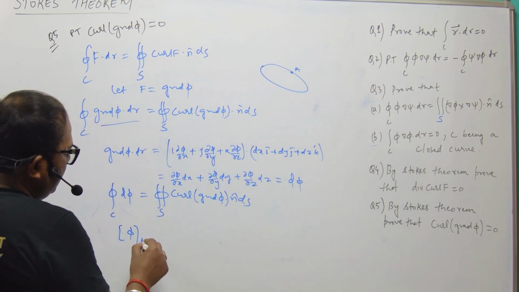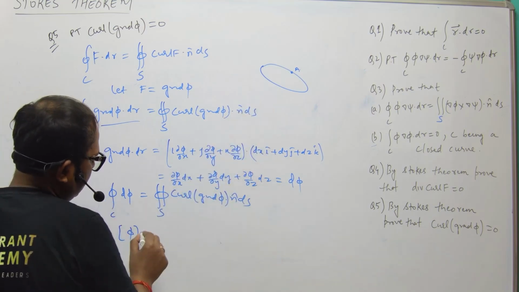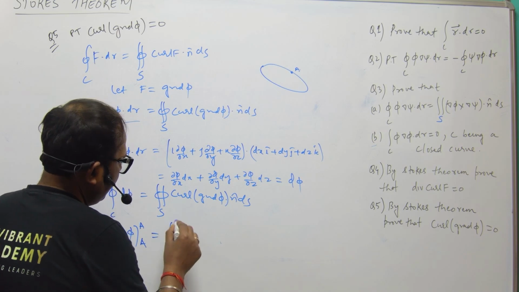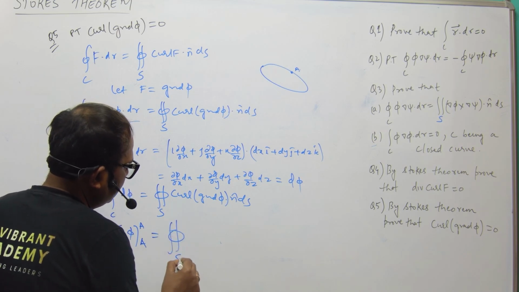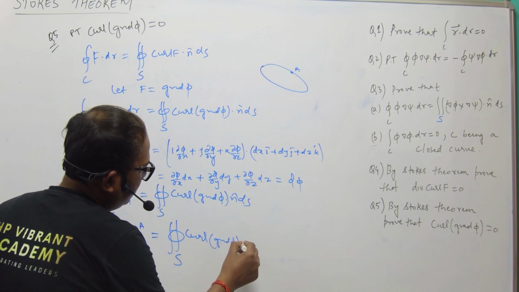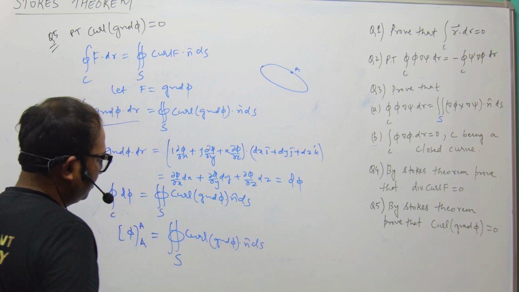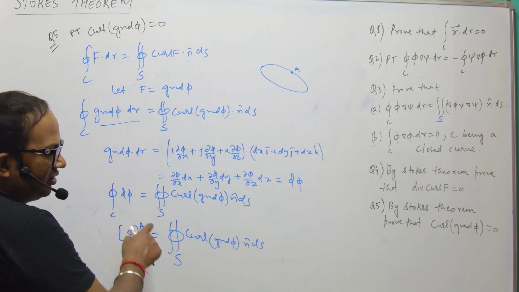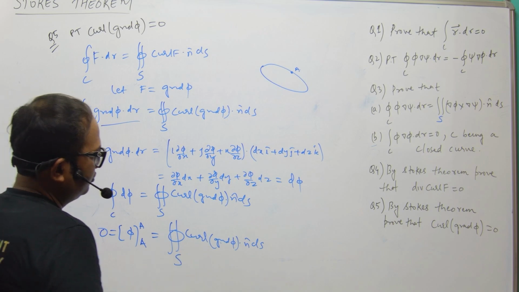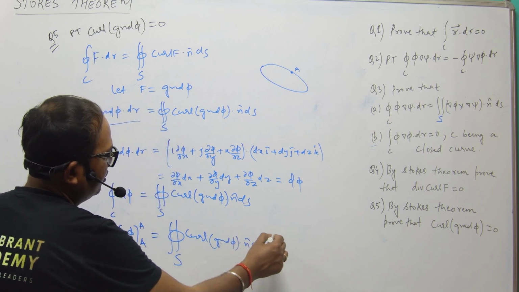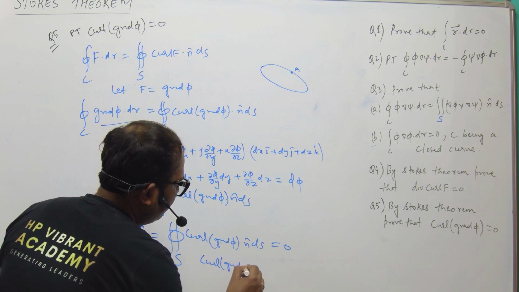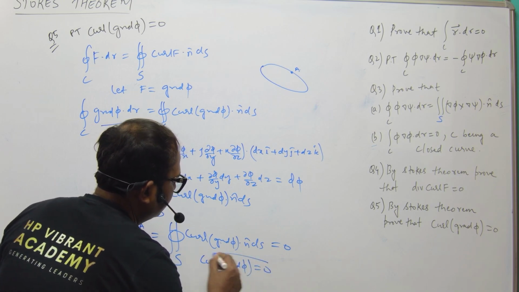The limits will be from A to A, and this is equal to the surface integral along the surface S of curl of gradient of phi dot n cap into dS. The starting point and the end point are the same, so this is equal to 0. So the surface integral of curl of gradient of phi dot n cap dS is equal to 0. This means curl of gradient of phi is equal to 0.